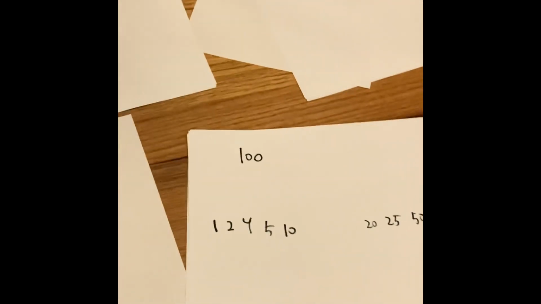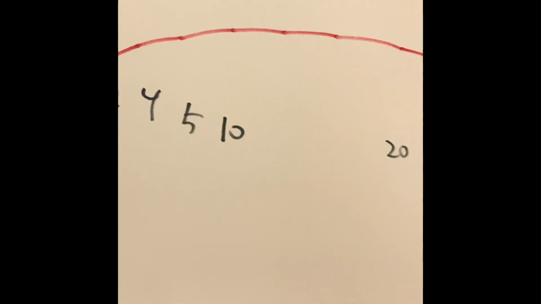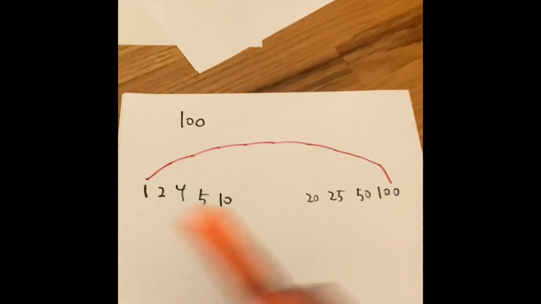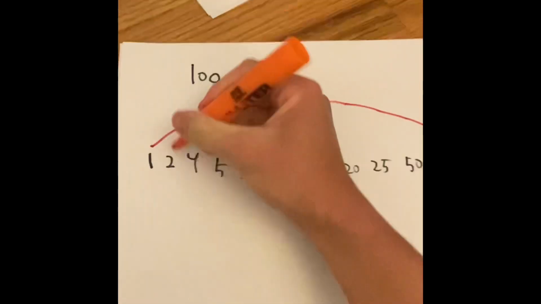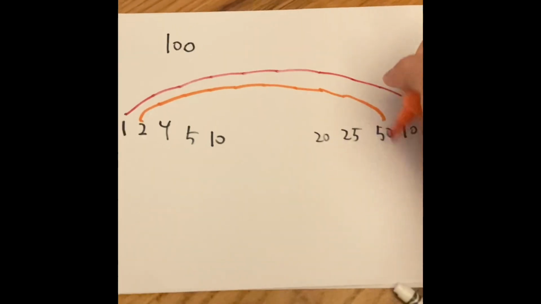To create a rainbow, we're going to mark 1 and 100 in red. Then we're going to do 2 and 50 in orange, so 2 times 50 is going to bring you 100.